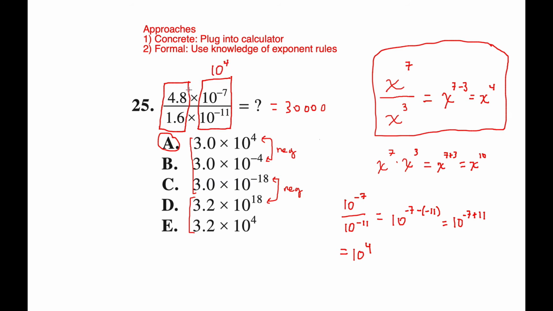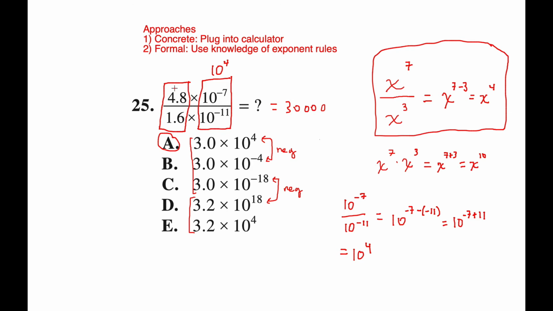And then now we're going to go back to this other part of the expression, which is 4.8 divided by 1.6. And the thing to notice here is that this does not fall into this category of exponent rules because, first of all, we don't have an exponent on either of these, and also these are not the same base. 4.8 and 1.6 are not the same number.